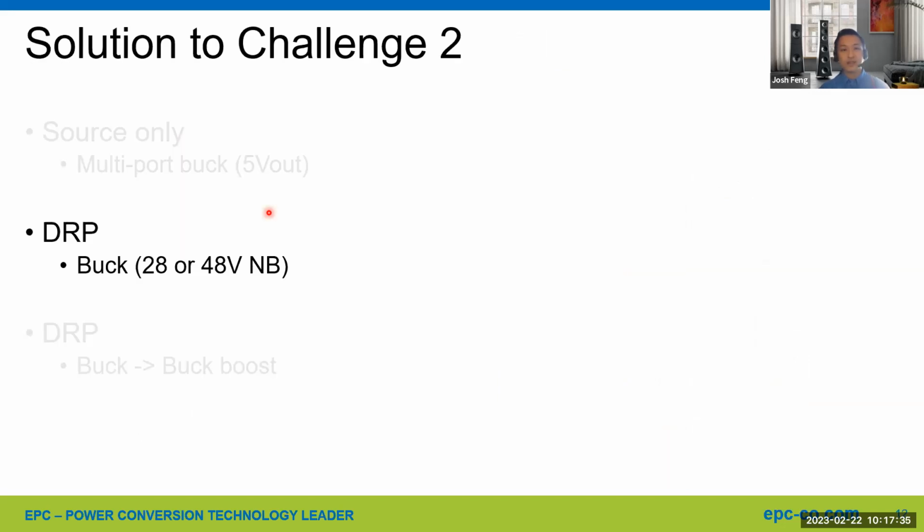To address challenge number 2, which is about the DRP products out there, I take a notebook example, a premium or gaming notebook. In order to be compatible with the future PD, you do need a one-stage conversion, which definitely needs more than a 30-volt device.